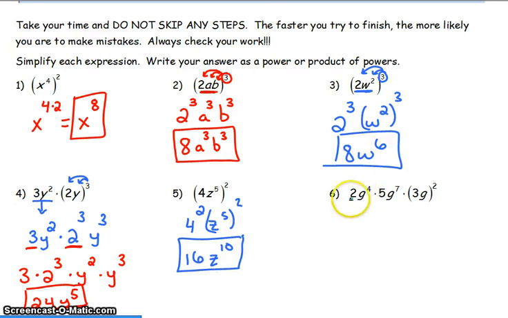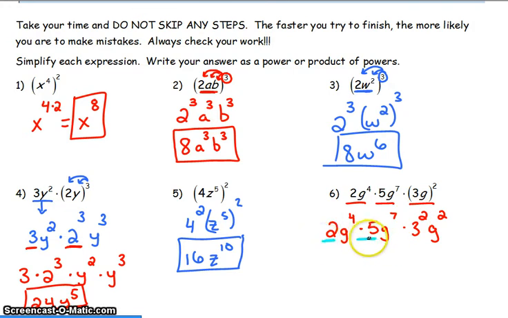And our last one. We look at each of these separate terms. That's simplified, that's not. So my first step, I bring down 2g to the 4th power times 5g to the 7th power. And I apply the 2 as an exponent to the 3 and as an exponent to the g. Now I rearrange everything.